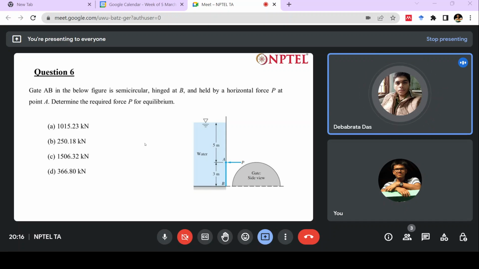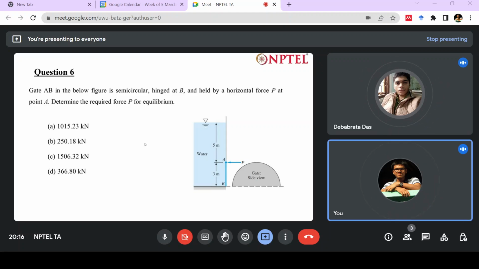We will calculate the force at the distance from B at the point P. It is given, 5 meter below the atmospheric pressure. So here also you have to just find this P at equilibrium.